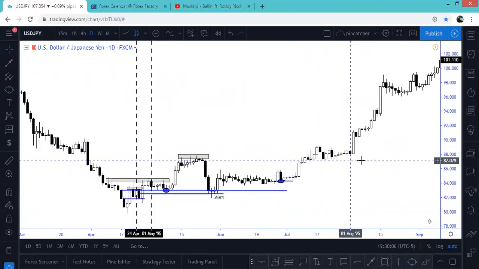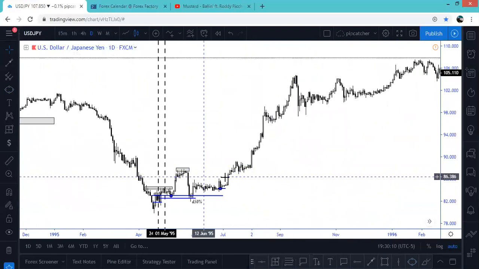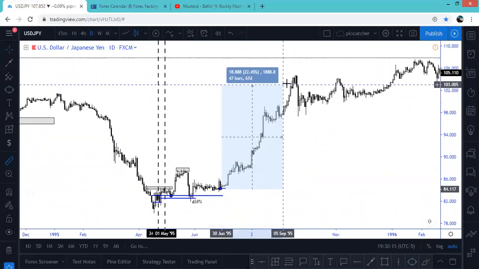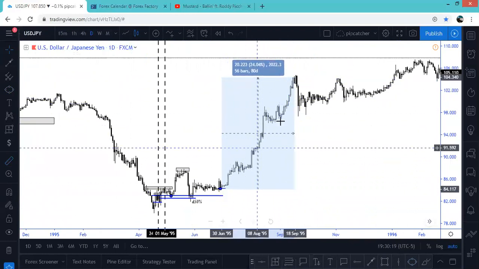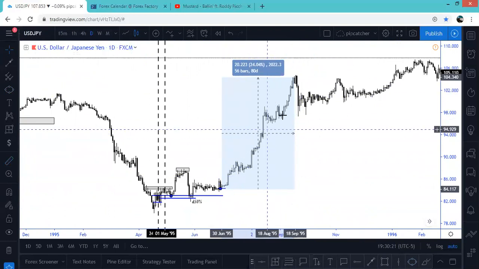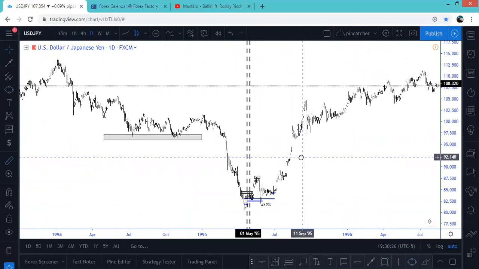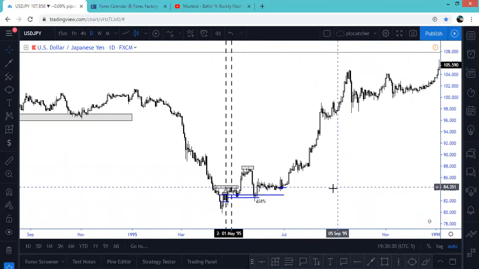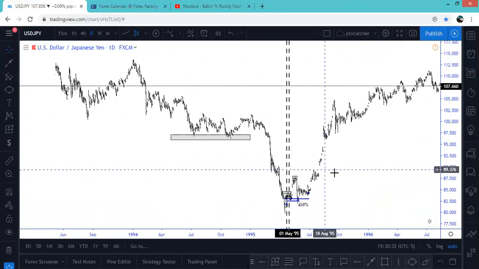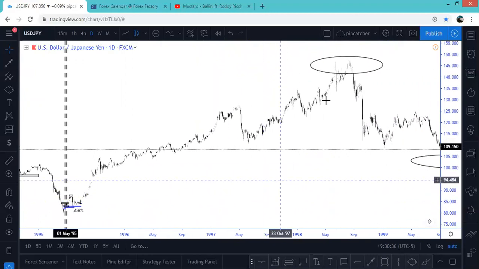And rode this up. As you can see, a lot of pips were collected, close to 2,000 pips in this first major swing, in this first major swing, right? So that is the first area of reversal that you can catch, and it goes all the way up.